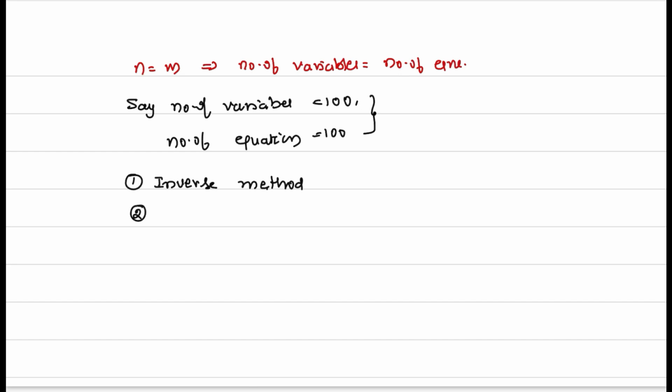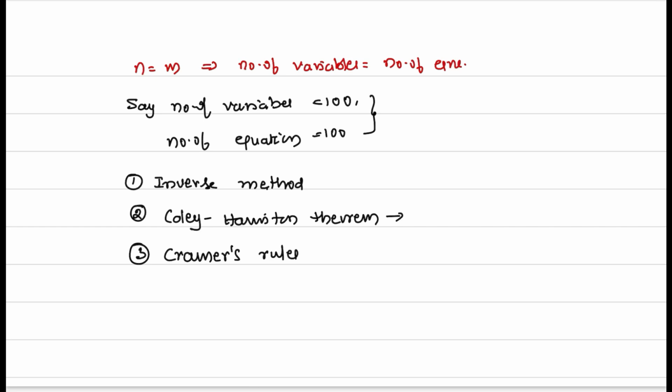Second, the Cayley-Hamilton theorem, and another is Cramer's rule, that is to find the inverse. The Cayley-Hamilton theorem uses the characteristic equation. The characteristic equation comes from determinants.